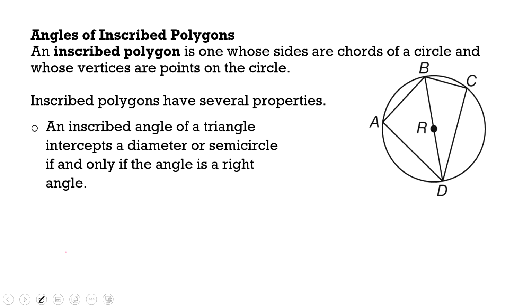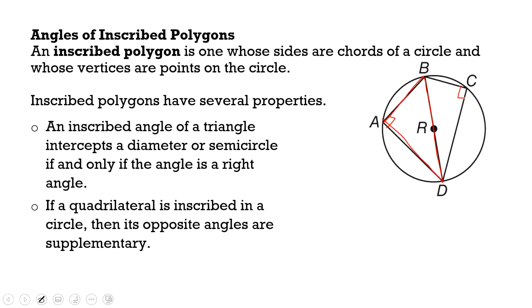So in our example here, we kind of split the shape up into two triangles. ABD is a triangle. I'll draw it in red. This triangle, where it's a diameter, that makes that a right angle. We look again, BCD is the same thing. That tells me that angle C is a right angle, which will help us with our next rule when we talk about non-triangular quadrilateral inscribed angles.